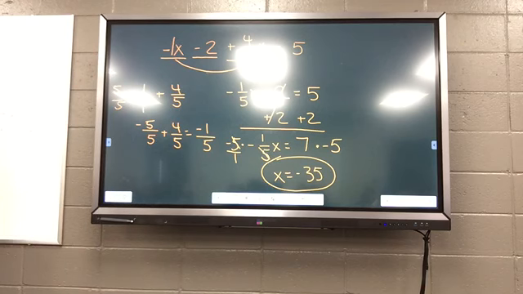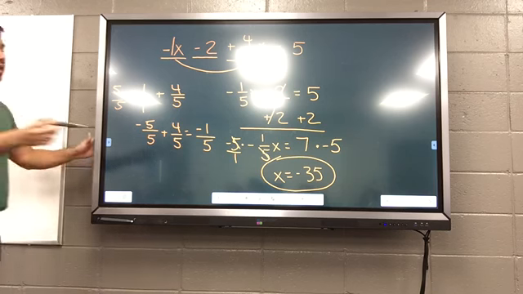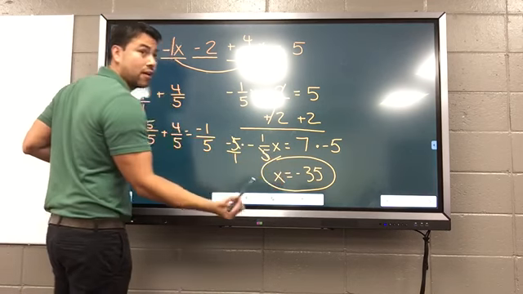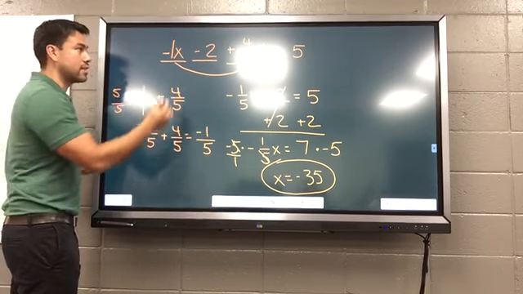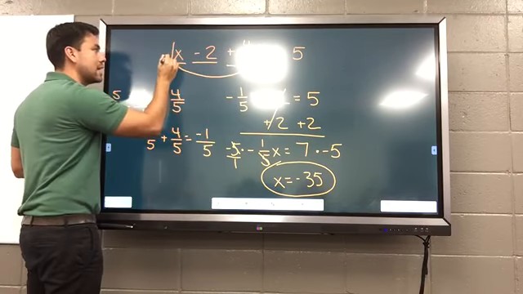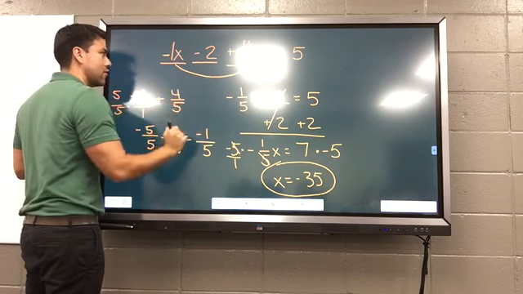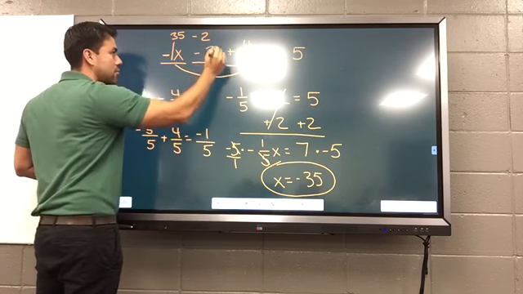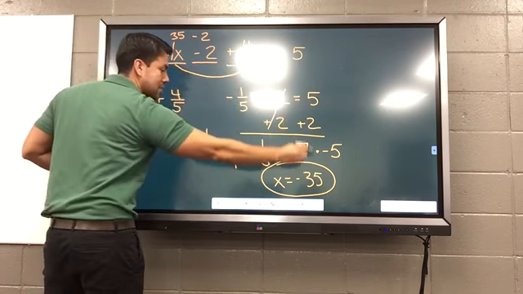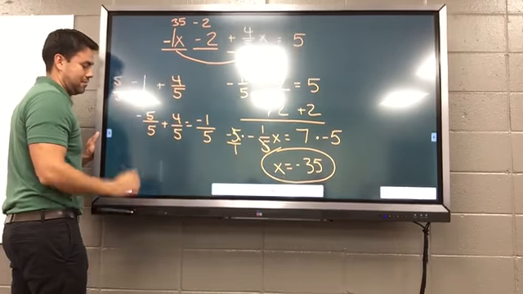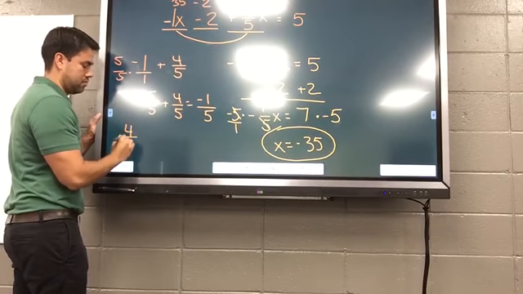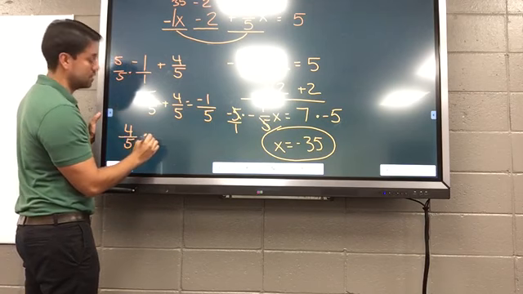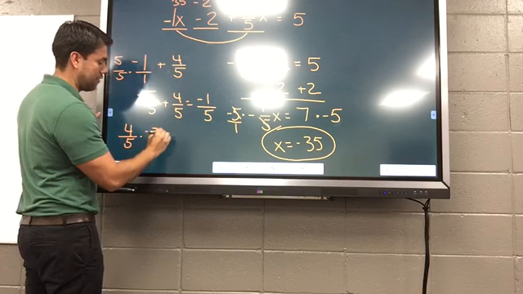Oh, thank you for the request, Hudson. All right. I need you guys to help me out because Mr. A's mental math struggles a bit at times. I say x equals negative 35, right? That's what we said it was. Okay, let's check the original problem. What's negative 1 times negative 35? Positive 35. Very nice. And then the negative 2 is still there. What's 4/5 times negative 35? 4/5 times negative 35 over 1.